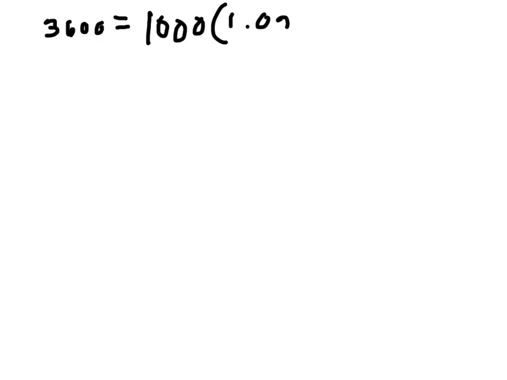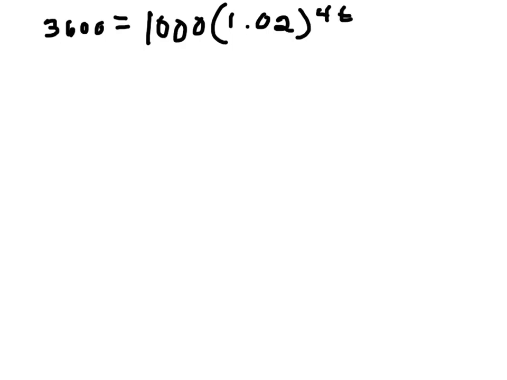Okay, I'm going to need a little more room. 3,600 equals 1,000 times 1.02 raised to the 4t power.